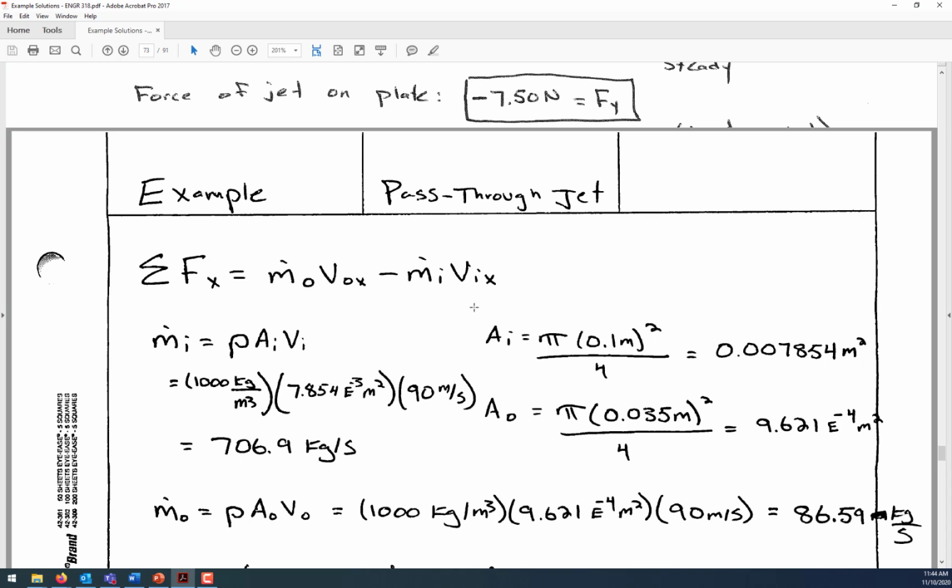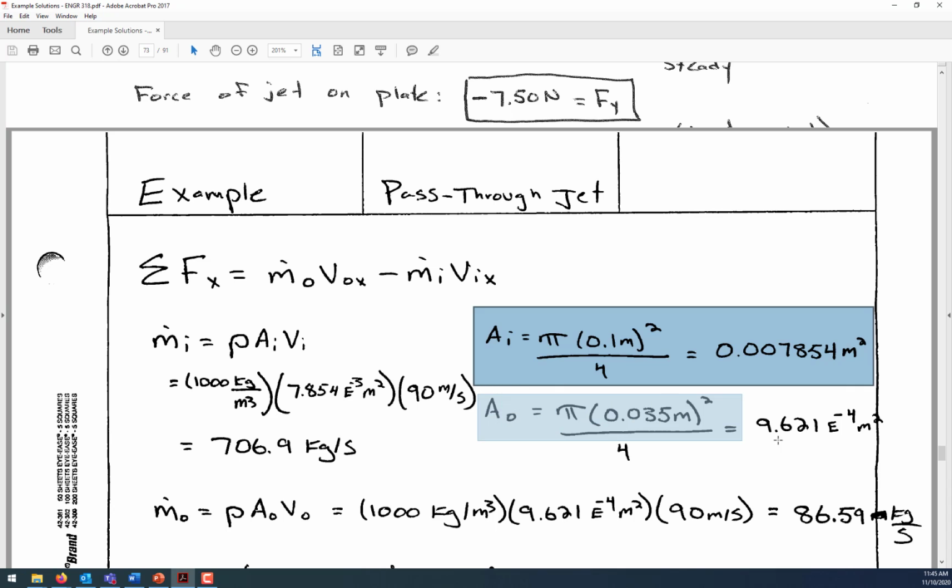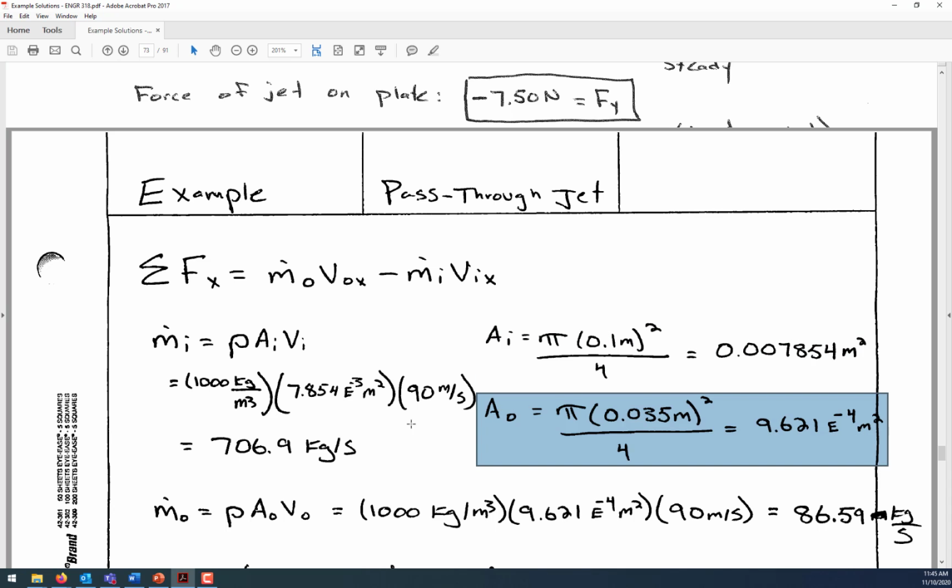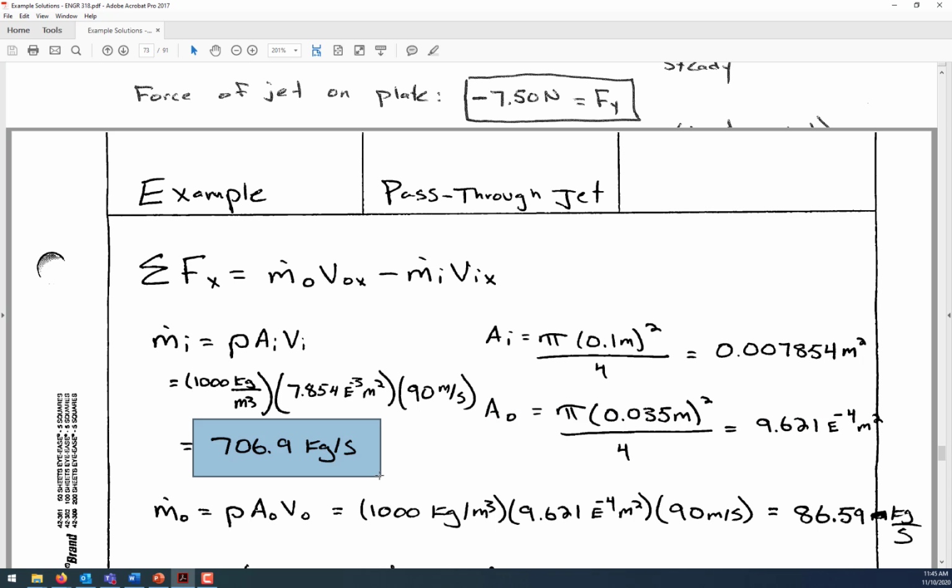If it's a circular jet like this, then the area is pi d squared divided by 4. So you can find the cross-sectional area of the jet that's coming in, the cross-sectional area of the jet that's going out, and then the mass flow rate in, 706.9 kilograms per second, because we're just multiplying the density by the cross-sectional area and the velocity, and then the out. It's the same approach, just a smaller area.